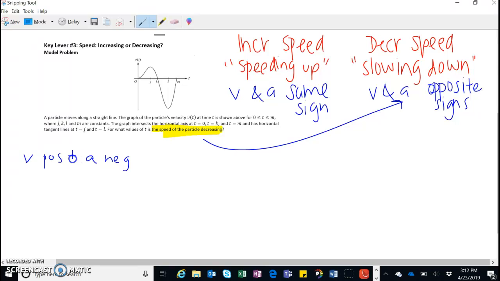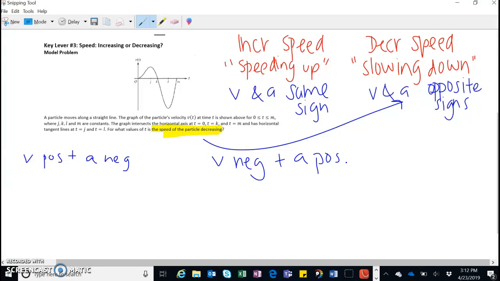So that's one scenario that would answer this question. Velocity positive, acceleration negative. Another scenario would be that our velocity could be negative, in which case, to have opposite signs, our acceleration would have to be positive.